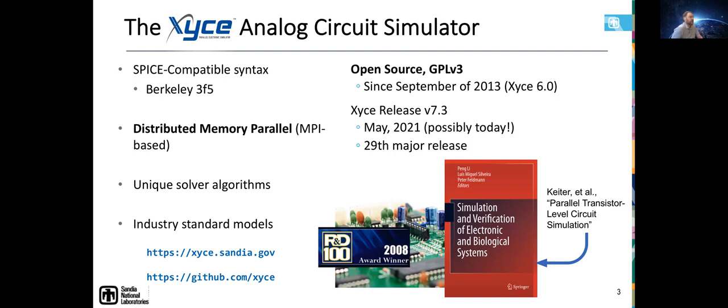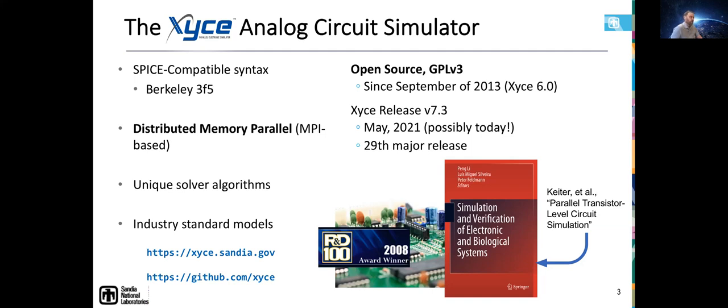The reason we did that was because we had a mandate at the very beginning that they wanted Xyce to be a parallel code. So we've written it to be distributed memory parallel, which means message passing. It's MPI based mostly, although there is some threading in it. The group doing the coding early on, and this remained true for a long time, was in the high performance computing section of Sandia.